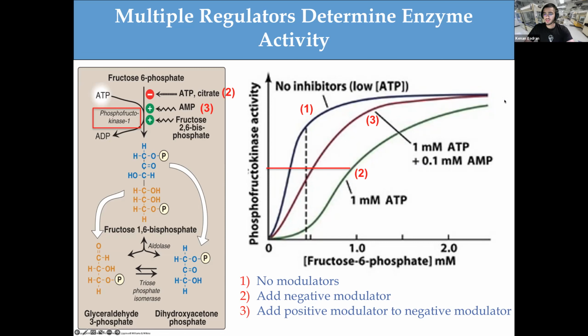It didn't even reach the Vmax yet, although the substrate concentration is significantly higher when the others have reached Vmax. But if you look at 3, you gave an inhibitor and an activator. Although the activator wasn't able to completely neutralize the effect of the inhibitor, it was still able to improve the state seen at 2.